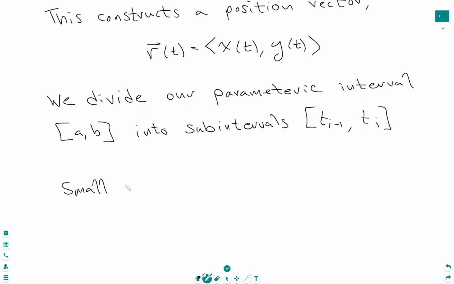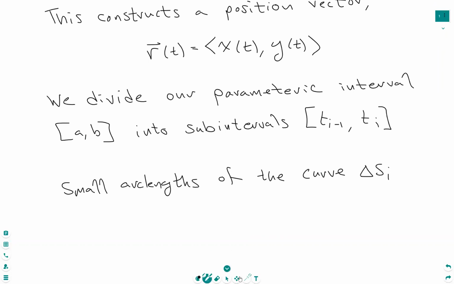So these are small arc lengths of the curve. And we'll call those delta s_i.